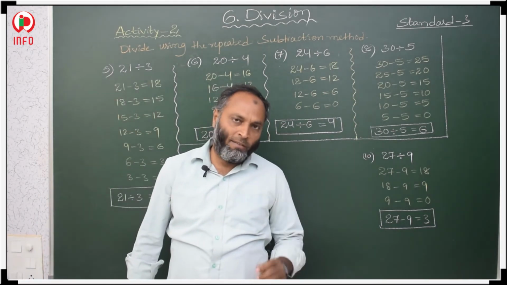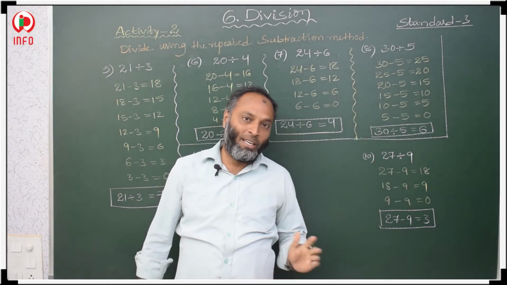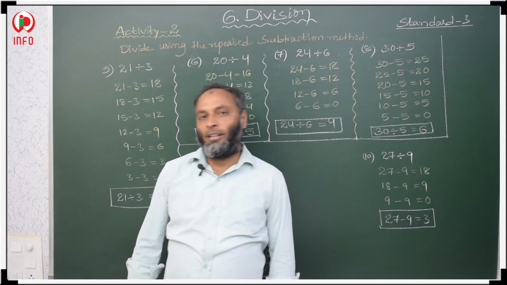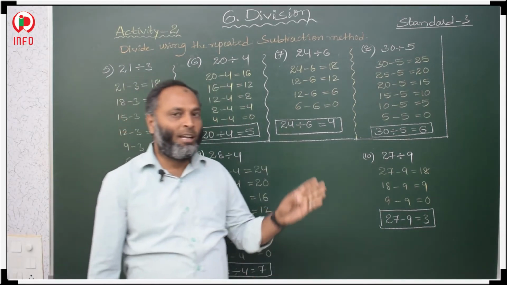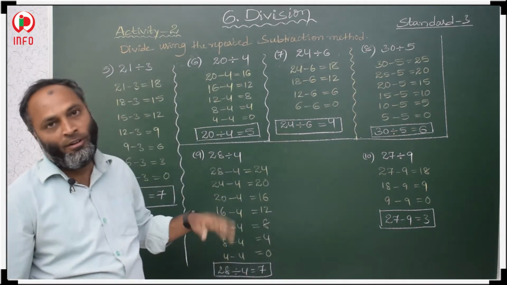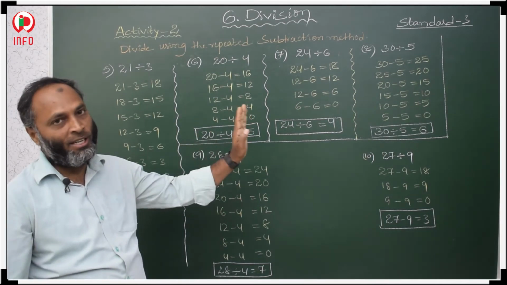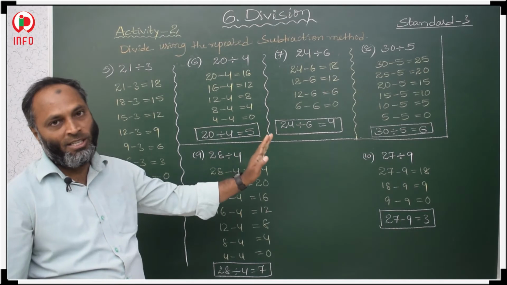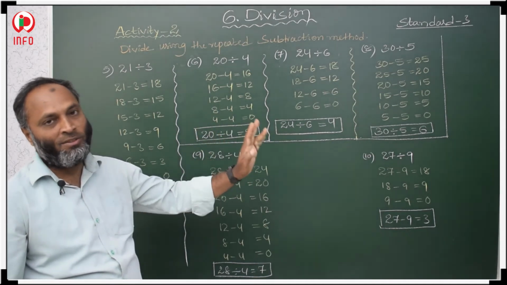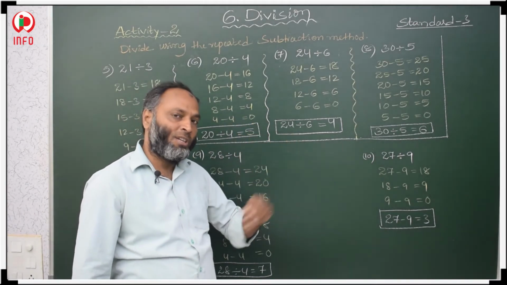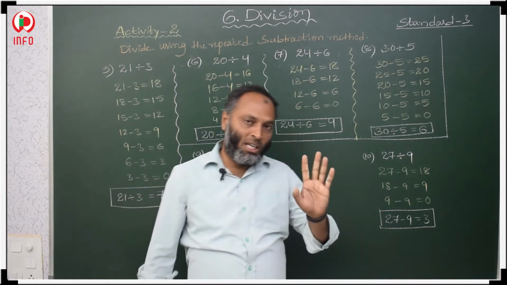In the next question, the 11th question, it is given 30 divided by 1. Whenever 1 is given, you have to subtract 1, 30 times, then you will get answer 0. So 30 steps we have to do. 30 minus 1 is 29, 29 minus 1 is 28, 28 minus 1 is 27, like that you have to do 30 times.